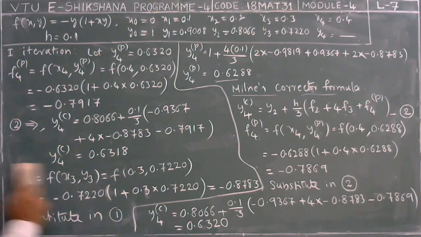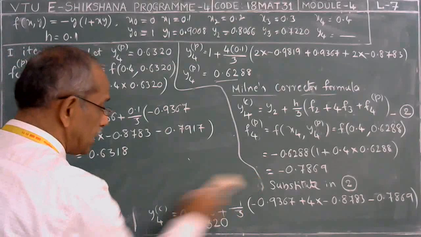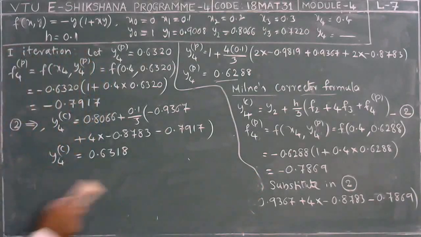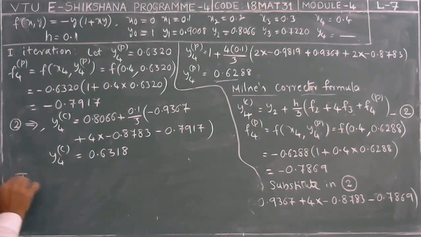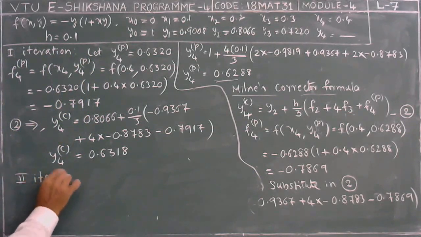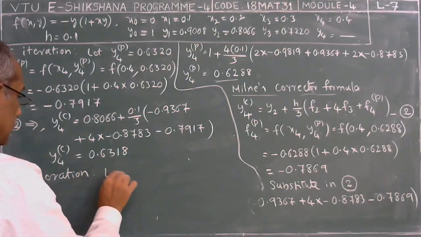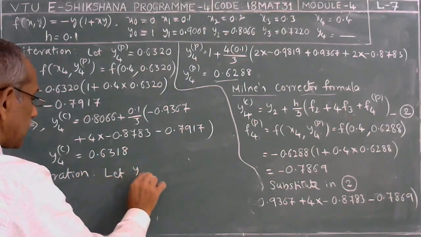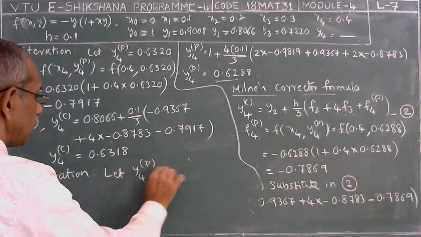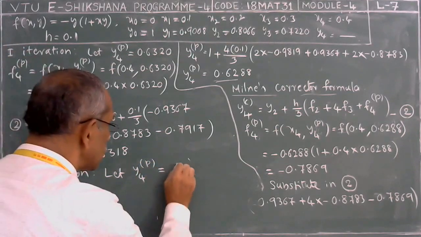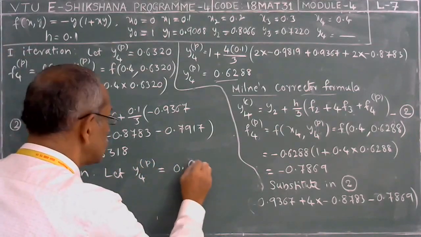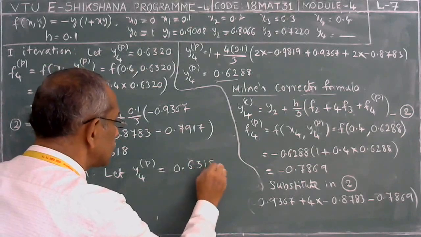So you need to fine tune this once again by iterating once again. That is the second iteration. Let y4p be equal to 0.6318.